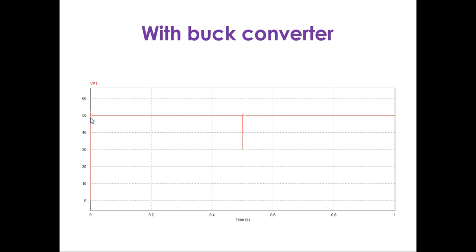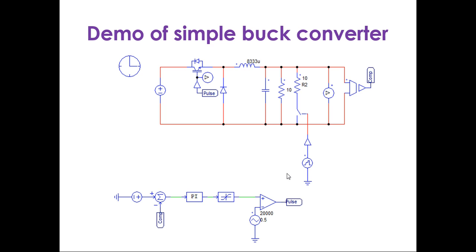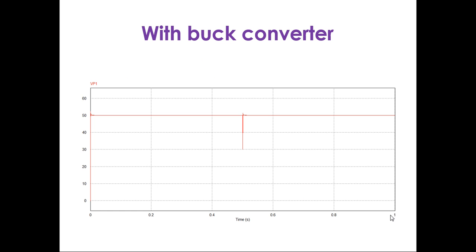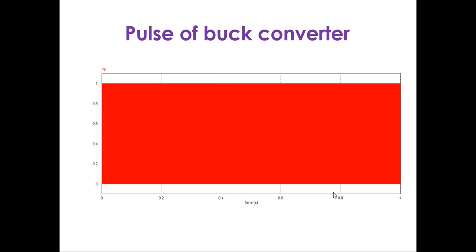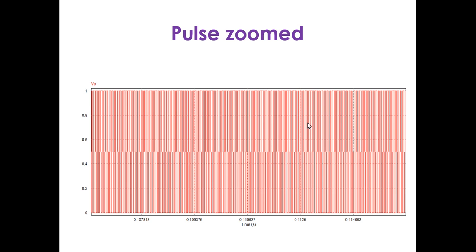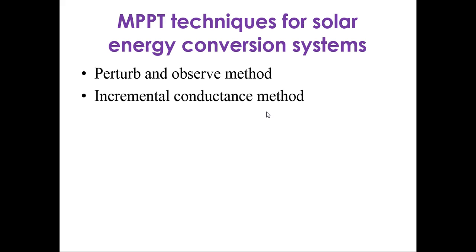We get a straight line at 50 volt, and this spike shows that if the simulation time is 1 second, then after 0.5 second this load is introduced. This is how the buck converter works, and this is the pulse train of the buck converter.